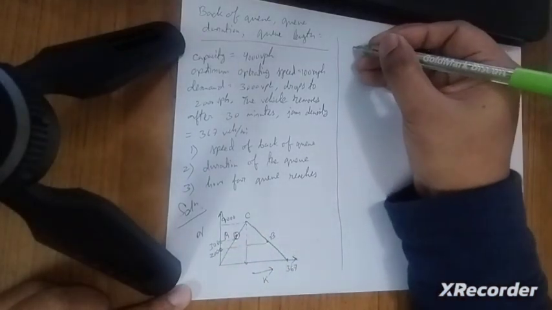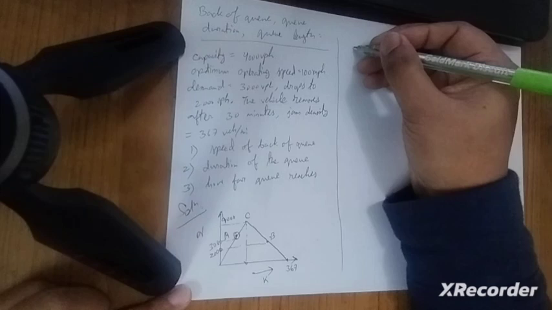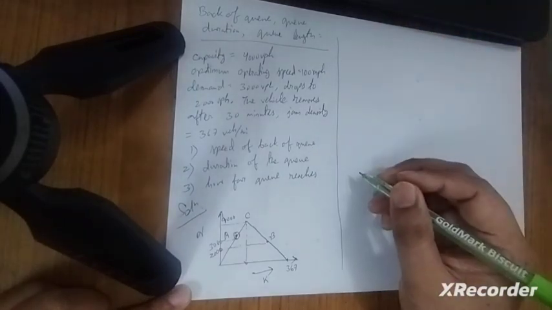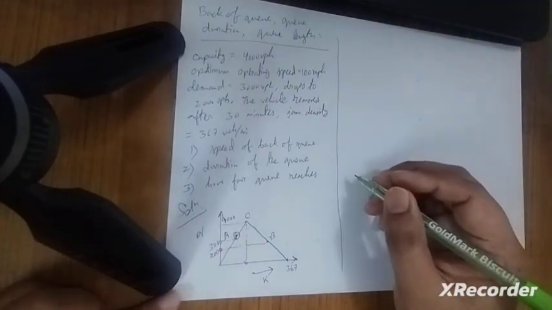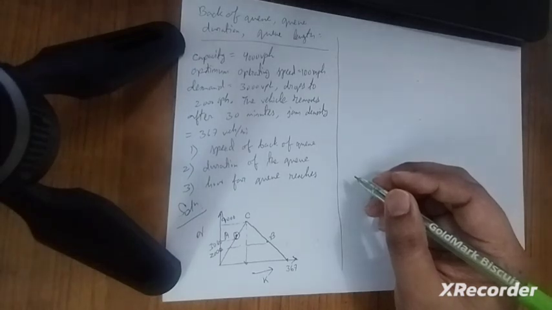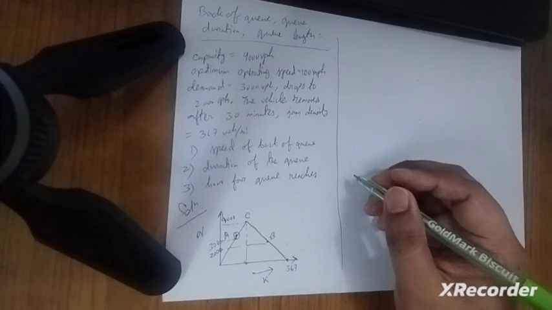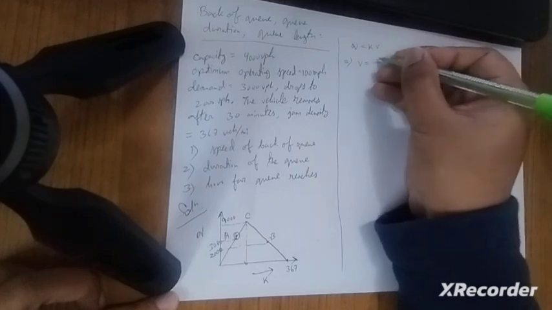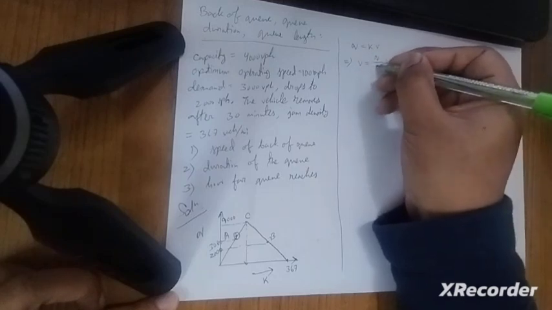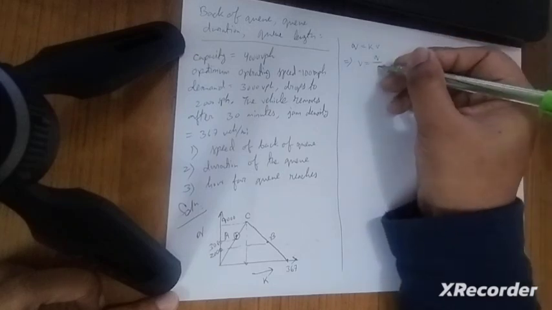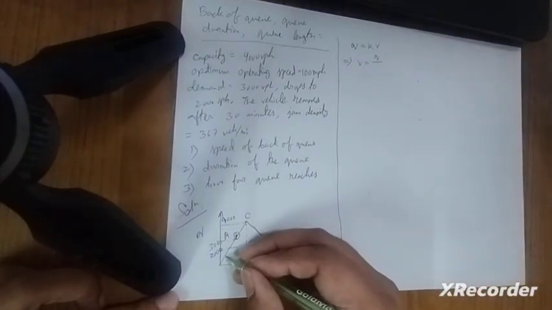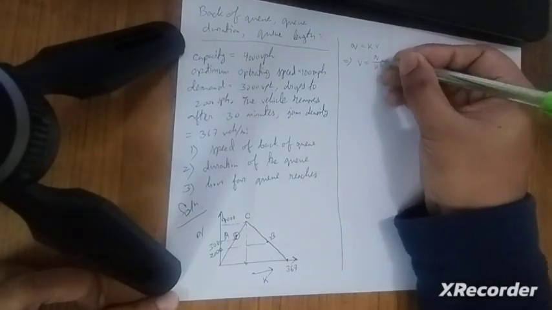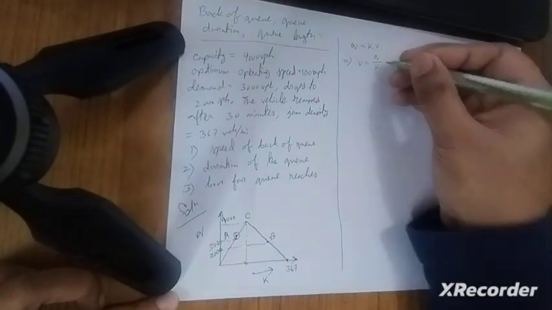So firstly we have to calculate the slope. We know that Q equals KV, so V equals Q by K, and the slope is the speed.